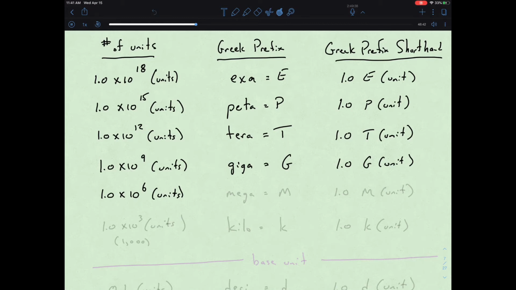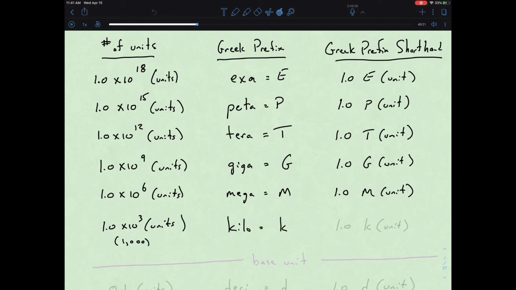Now we're looking at mega, or a mega unit, or megabyte. And then we get to 1.0 times 10 to the third units. Right, roughly looking at here 1,000 units. That's when we have our kilo.